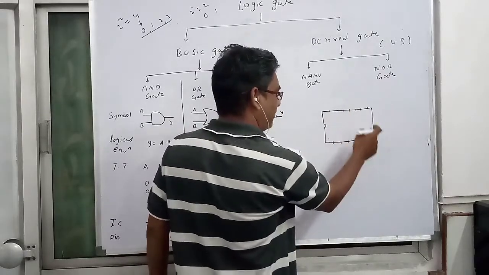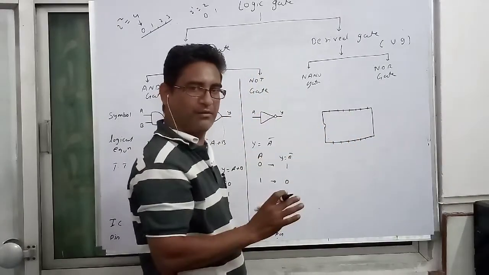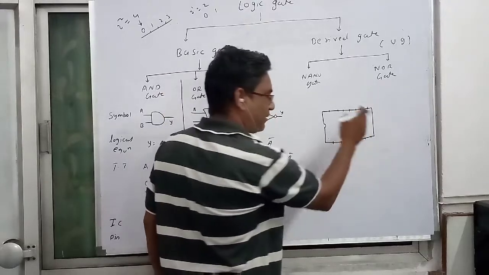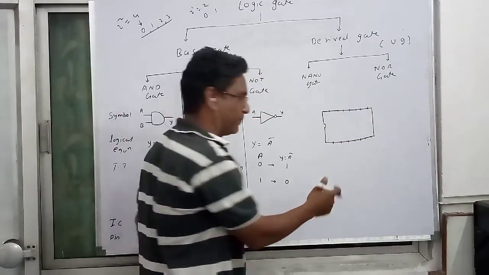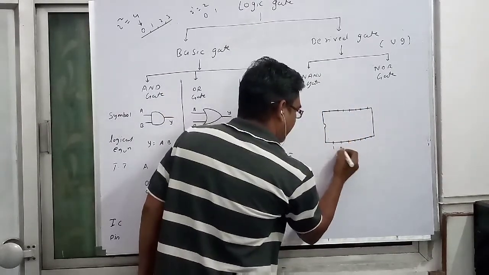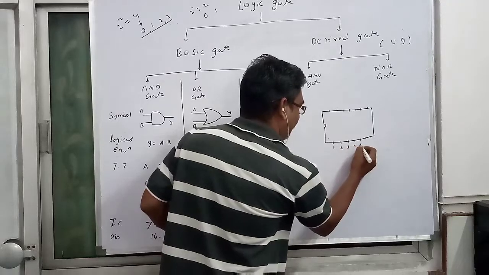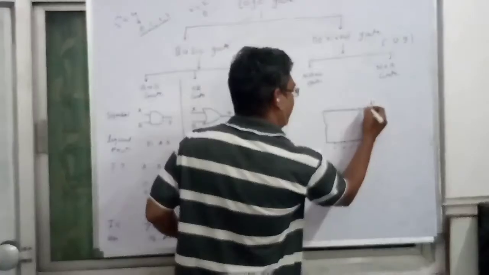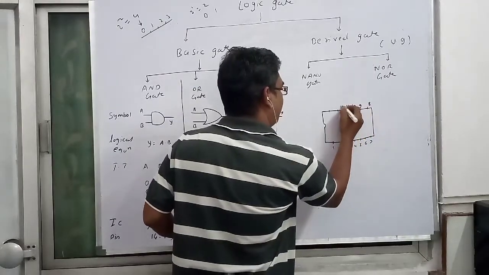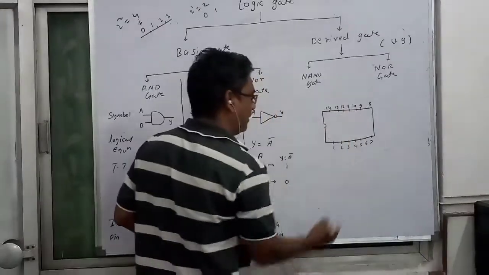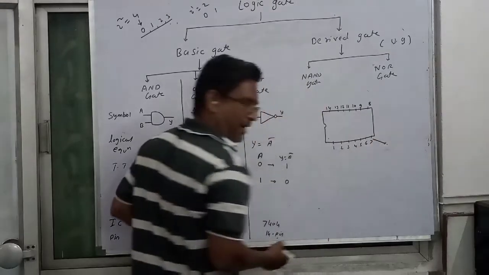These pins should be equally spaced and parallel. Here we write down 1 to 14, this 14-pin IC.